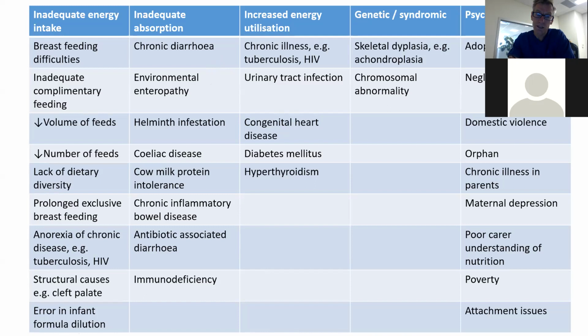And so this condition of environmental enteropathy is actually quite an important cause of ongoing malnutrition, and one of the reasons why, despite providing enough calories, often children with severe acute malnutrition or severe chronic malnutrition may not gain weight, because they have environmental enteropathy, a change in their bowel flora and inadequate absorption.